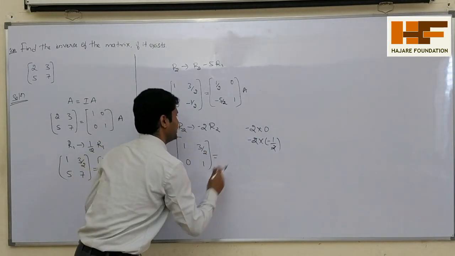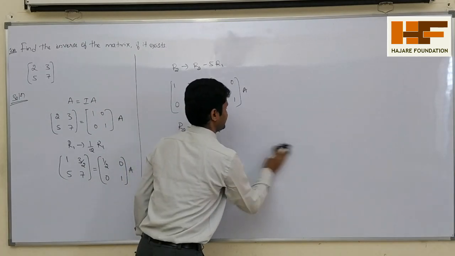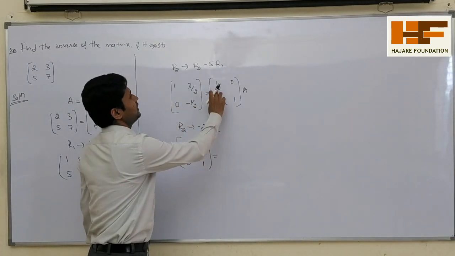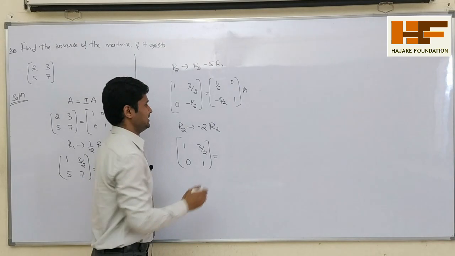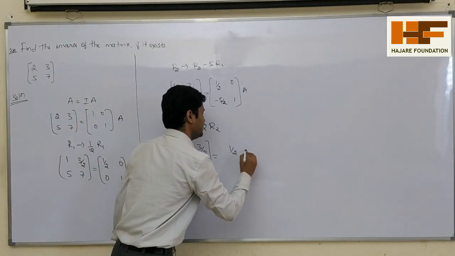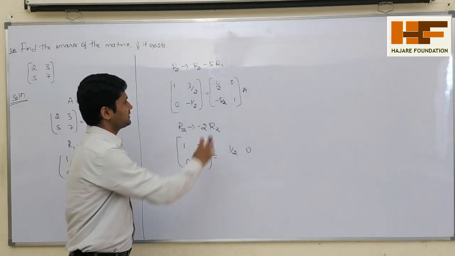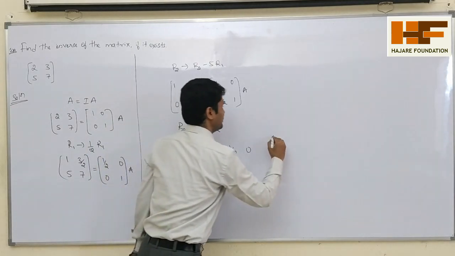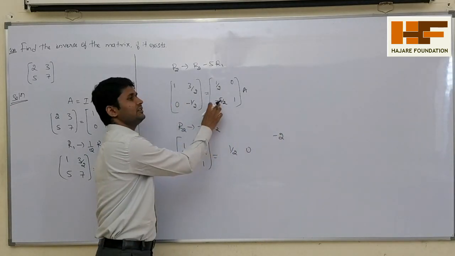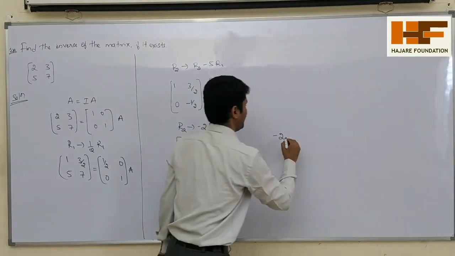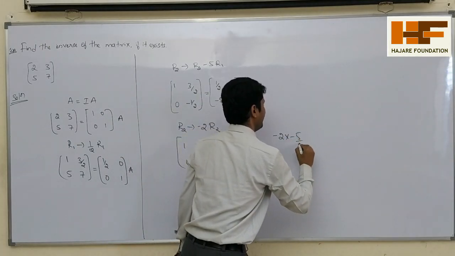Same operation we have to do on the RHS side also. Yes, write the first row as it is. What is the first row? 1 by 2, 0. Next, minus 2 into the R2 element, minus 5 by 2 into minus 5 by 2.